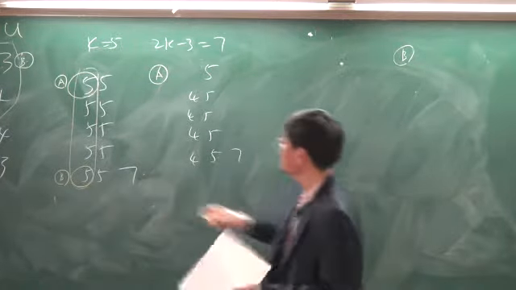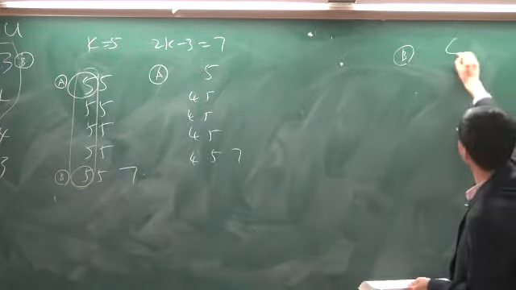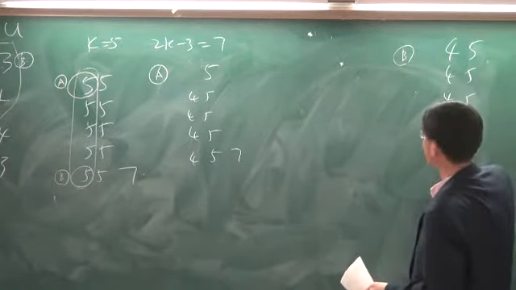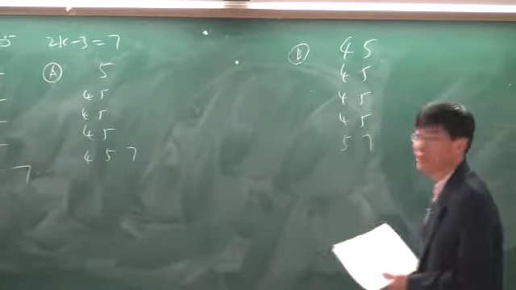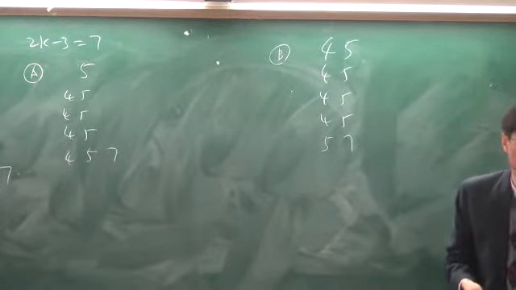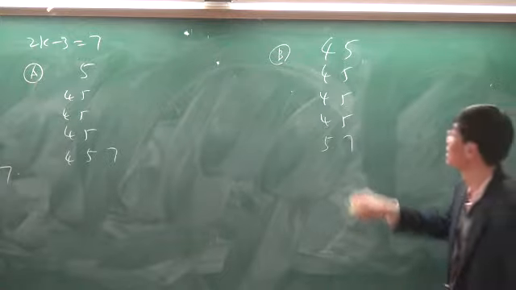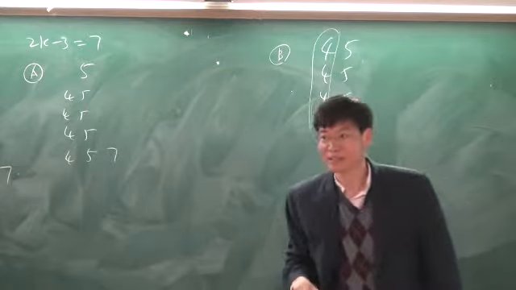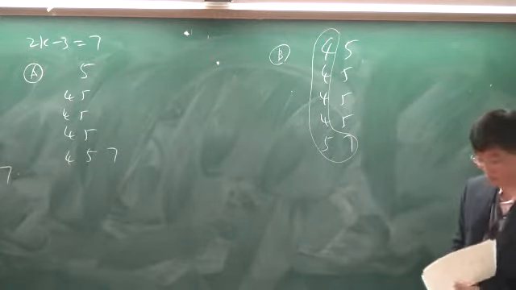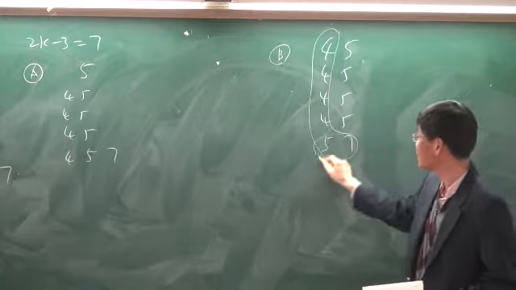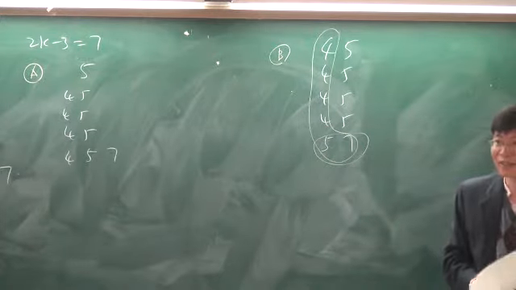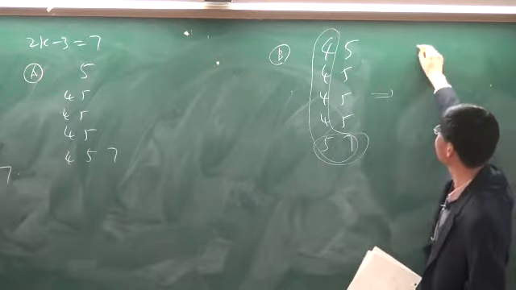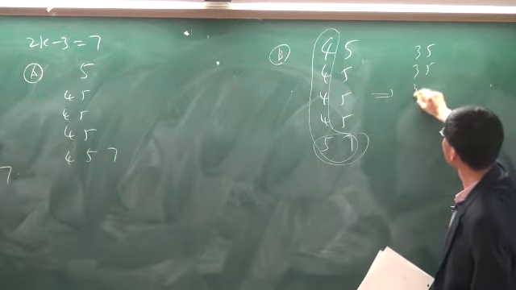If Bob selected this one, then the new graph is this, and then what is Alice's choice? Alice selects this. So now, can Bob color this one? If Bob colors this one, then the remaining graph.